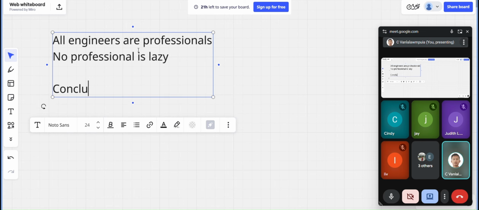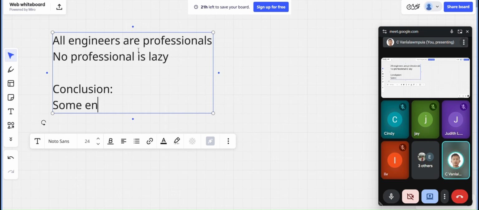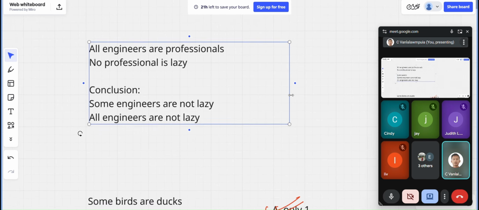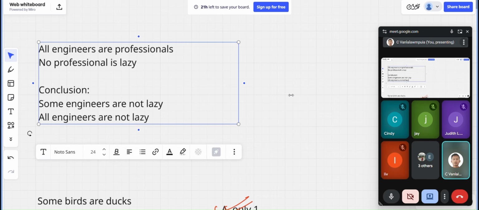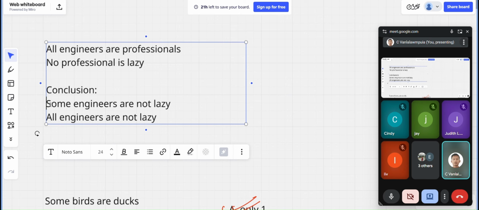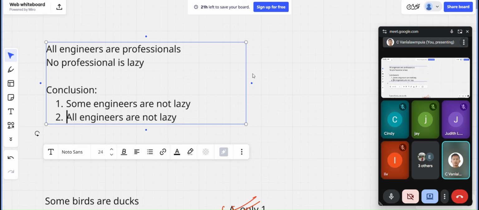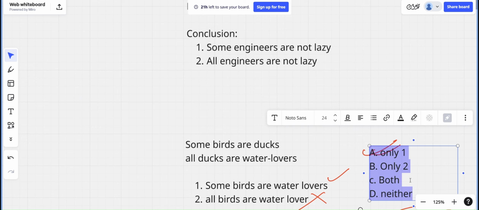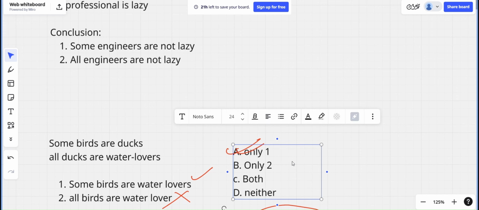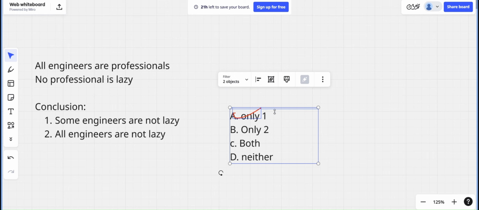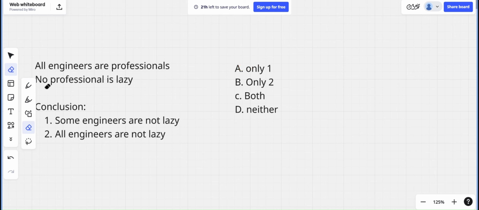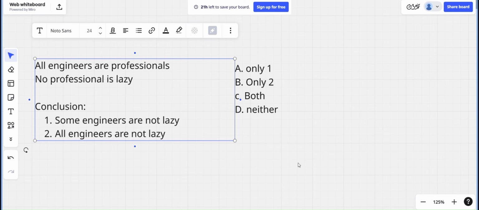So the conclusions are: some engineers are not lazy; all engineers are not lazy. Just do this quickly.